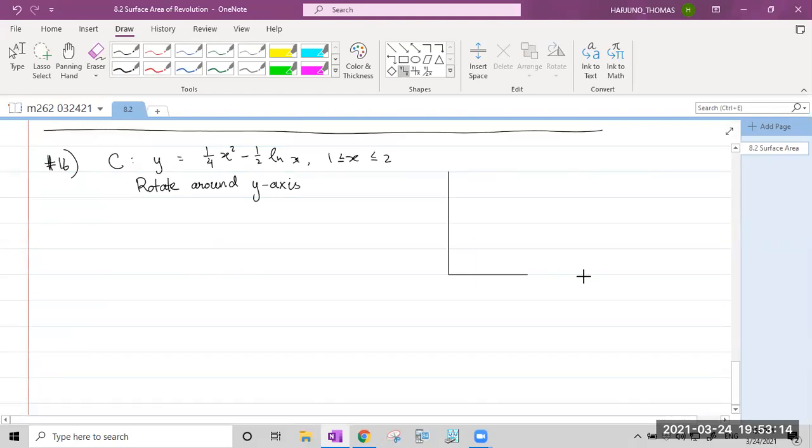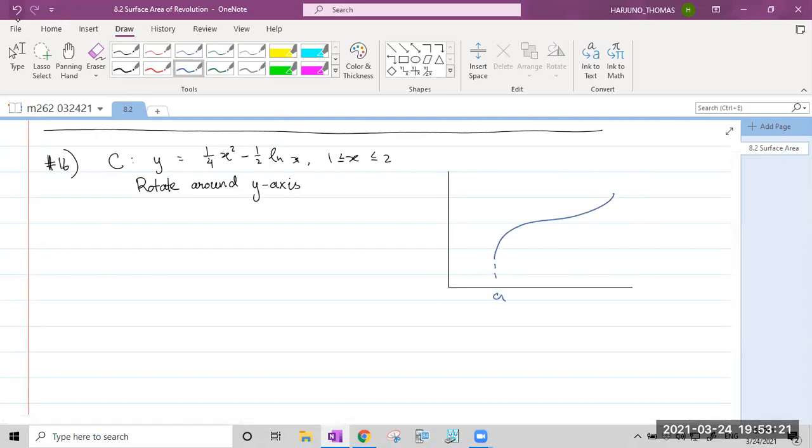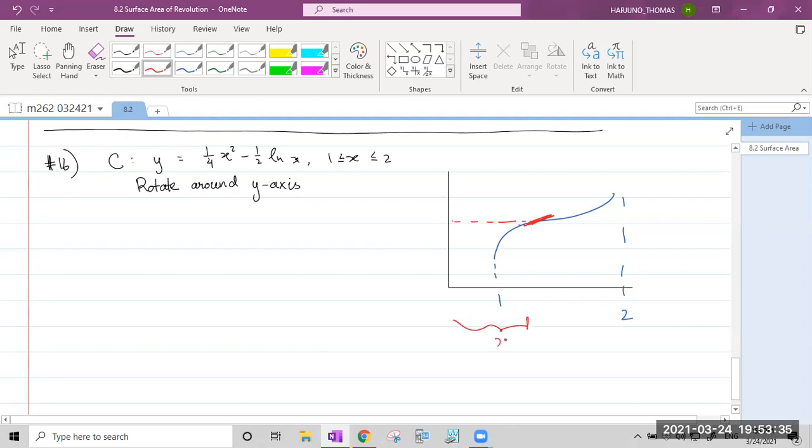Okay, let me imagine. Let's say this is the coordinate system. This is the curve. X is from 1 to 2. So this is the ds, and I need to rotate it around the y-axis. So the radius will be x. The circumference is 2 pi x.